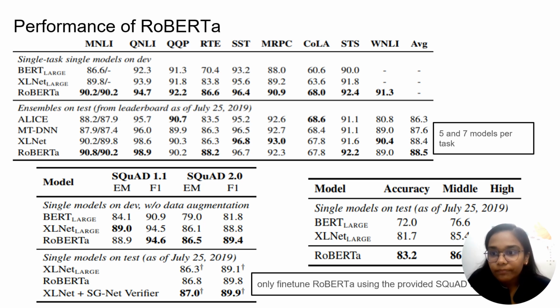For RACE, RoBERTa achieves state-of-the-art performance on both middle school and high school subsets of the RACE test sets. RoBERTa's strong performance on RACE highlights its ability to not only retrieve information from passages but also comprehend the underlying context, making accurate inferences to choose the correct answers from challenging multiple choice options.